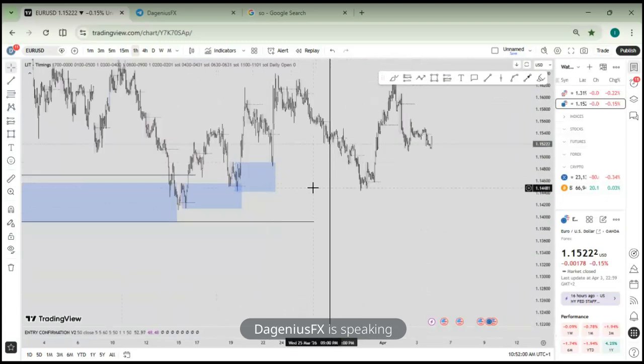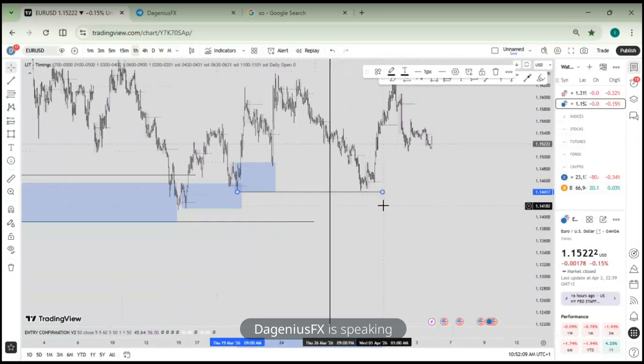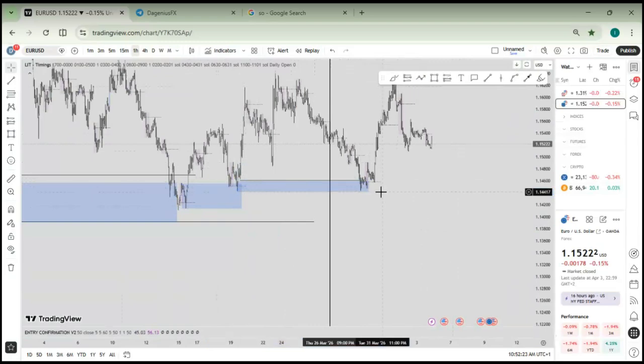And then all of a sudden we have a series of mitigations, remember, becomes what? A point of liquidity. But in this case, the liquidity has not been taken. So what happened was price used this one here as a form of liquidity, making the extreme the other block in this case. And then what happened? Mitigated, pushed price higher.